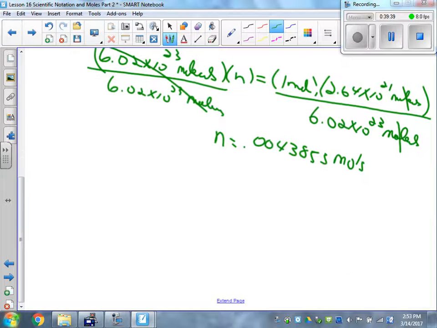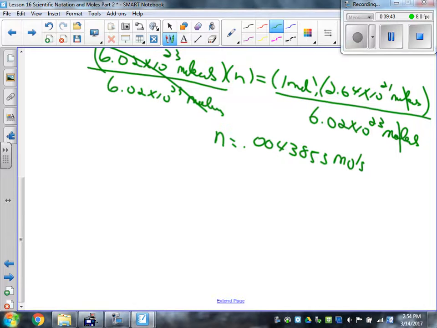Now, what I would suggest is, first of all, 3 numbers. The zeros in the front don't count because we could just rewrite this in scientific notation, which we're going to do. If I rewrite this in scientific notation, I'd say 4.3853 times 10 to the what? 1, 2, 3 moles.